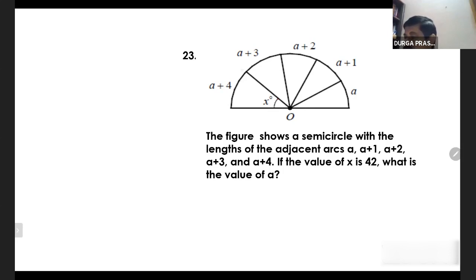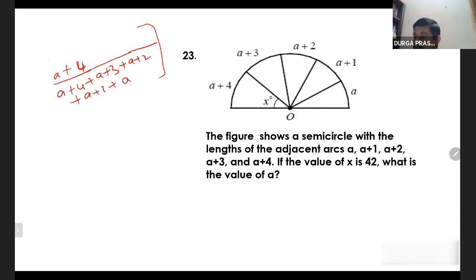So what is a plus 4 ratio? A plus 4 ratio is a plus 4 by total. What is total? All the things you need to add. So that is a plus 4 plus a plus 3 plus a plus 2 plus a plus 1 plus a, into total angle, that is 180. Semicircle, total angle is 180, that is equal to x here.